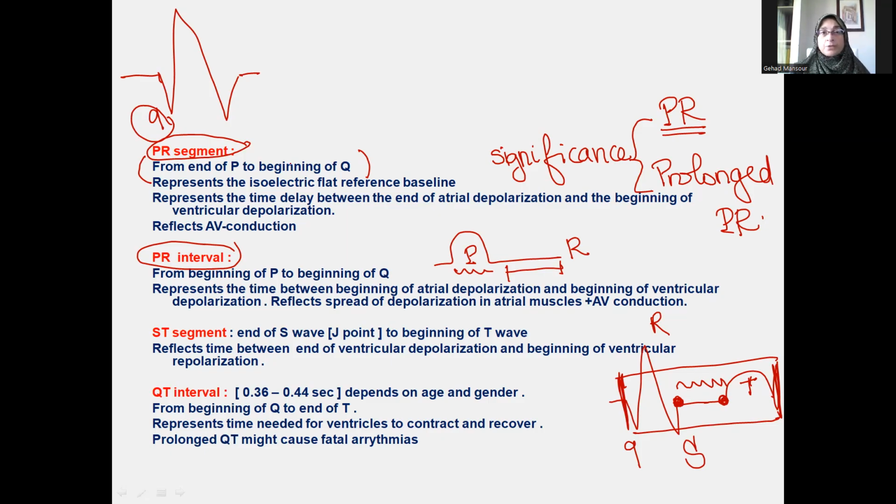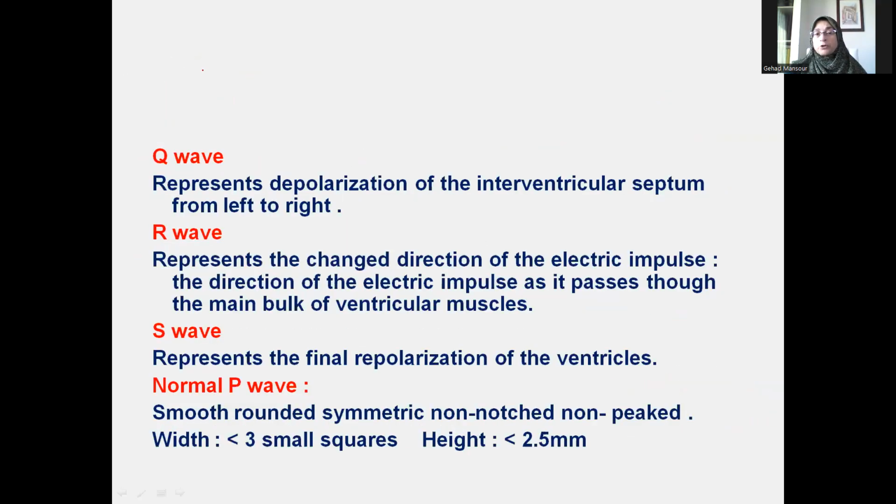And then what does the R wave represent? The R wave represents depolarization over the bulk of the ventricles. So it represents the change of the direction of depolarization, and it represents spread of depolarization over the main bulk of the ventricular muscles.